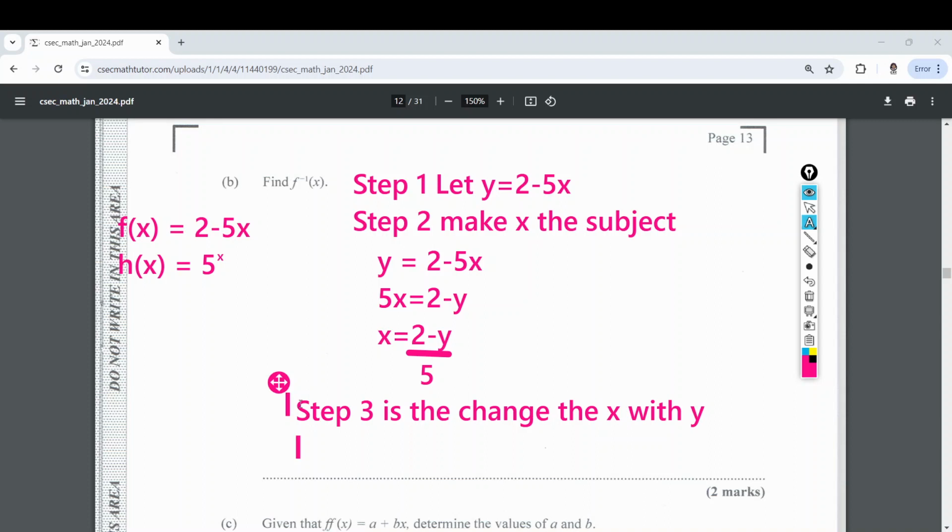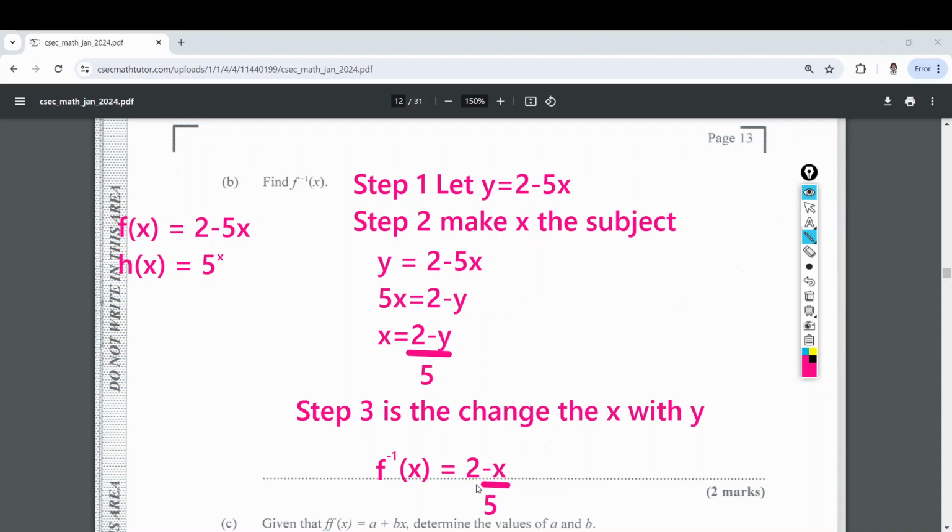And the final step, guys, we're going to put it here: f to the negative 1, that's what we call the inverse. f to the negative 1 of x is equal to 2 minus x over 5. And that will be the answer.